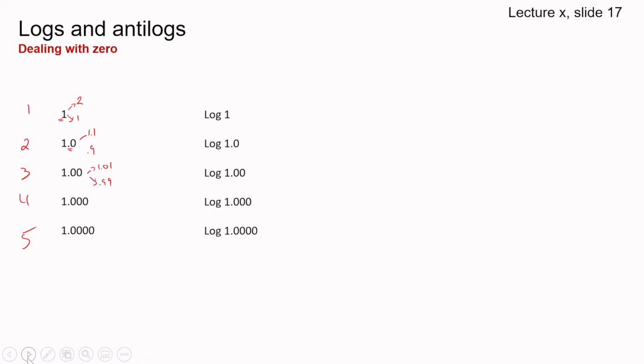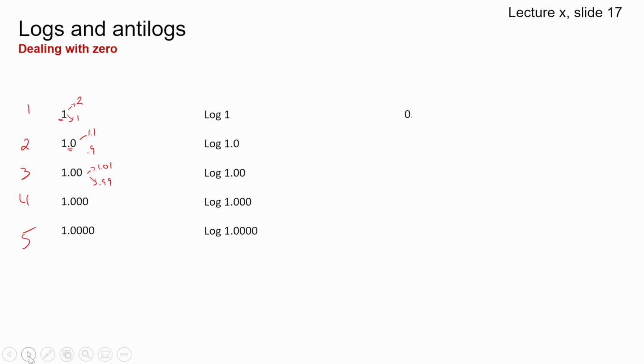This has 3 sig figs. This one could be as big as 1.01 or as small as 0.99, right? And so on, okay? So 4 sig figs, 5 sig figs, they're all 1. So if we were to take these and put these in your calculator and you take the logarithm of 1, you get 0 back.